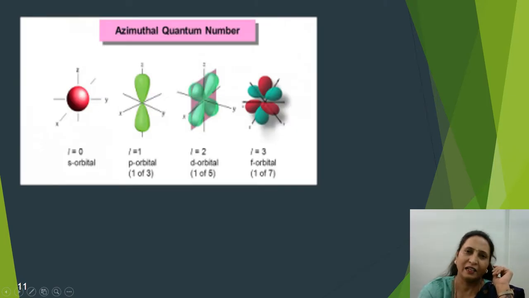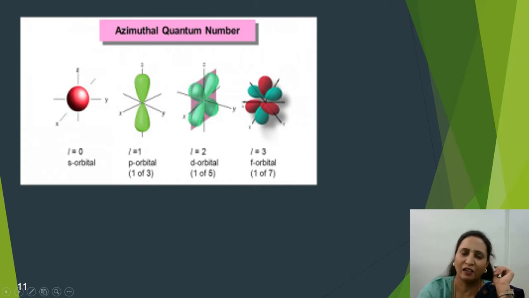Now this is the diagram which gives the shapes of orbitals. When the l value is 0, there is an s orbital having a spherical shape. So l value 0 indicates the s orbital. When l is equal to 1, the p orbital is there, which has a dumbbell shape.